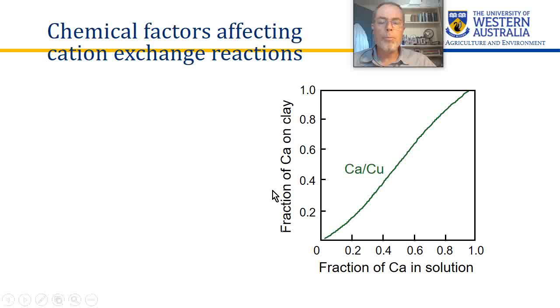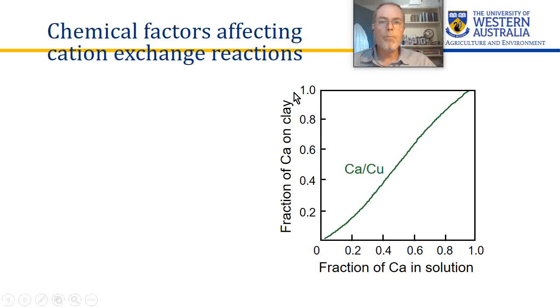So this vertical axis measures exchangeable calcium, and the horizontal axis measures the calcium in solution, but not as a concentration, as a fraction or proportion of ions in solution. So when the fraction of calcium in solution is 1, there's no other cation in solution. And when it's 0.5, in this case, we've got half calcium, half copper.